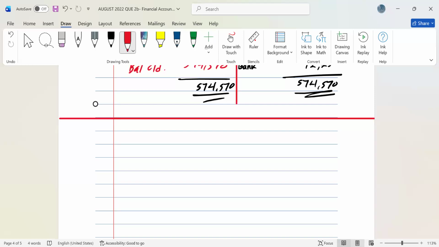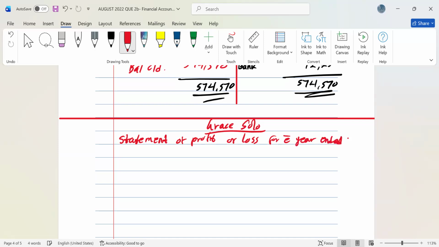So we can have the format now in place, whereby we can call this one Grace Solo, and we are supposed to prepare the statement of profit or loss for the year ended 31st December 2021. That is it.